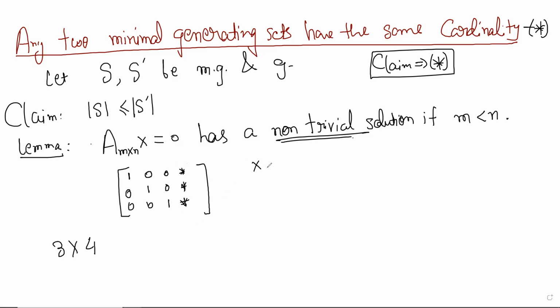This means that your system will be something like x plus star w equal to 0, y plus some star, any number, it could be 0 also, I don't care, z plus some other star w. You see there are infinitely many solutions. See that this w can take any value, because it's in front of you, right? We have also written the solutions in the past.